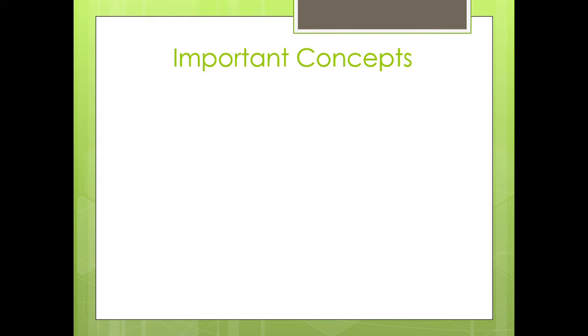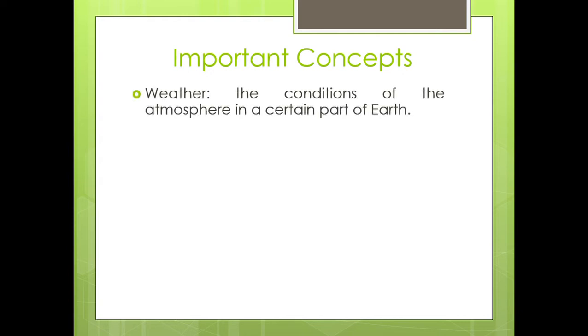We have some very important concepts for this topic, and the first one is weather. Weather is the conditions of the atmosphere in a certain part of Earth. A very simple example that I can give you is Quetzaltenango. We can analyze the weather in Quetzaltenango. It has a very cloudy, very foggy, and cold weather.